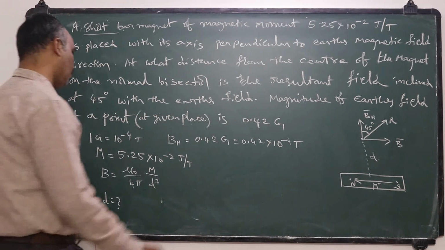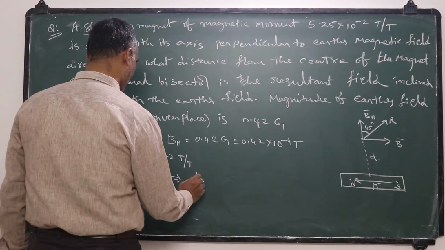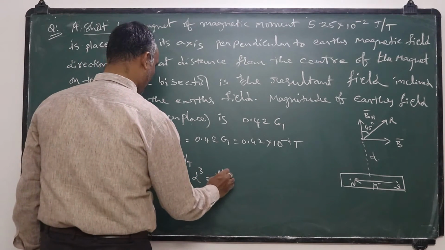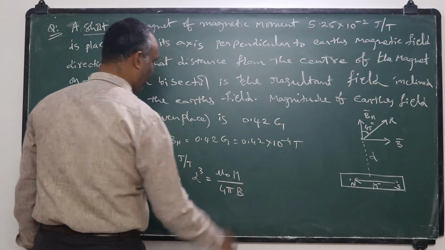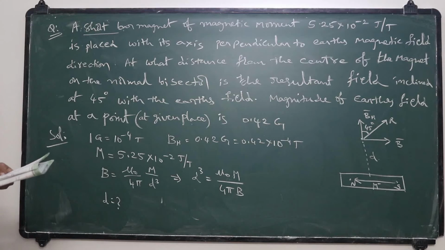From this formula, d cube means mu naught M by 4 pi into B.